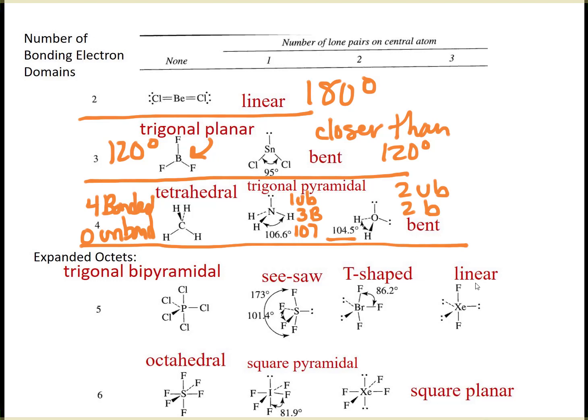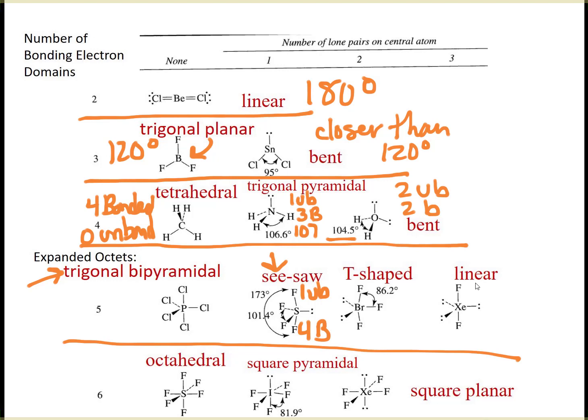The expanded octets, I drew the trigonal bipyramidal. This is when you have 5 bonded pairs. If you have 1 unbonded pair in that series, that is a shape called seesaw. So that one would be 1 unbonded and 4 bonded. That's how that's described, and it looks kind of like a seesaw on either side if the dots are going up.